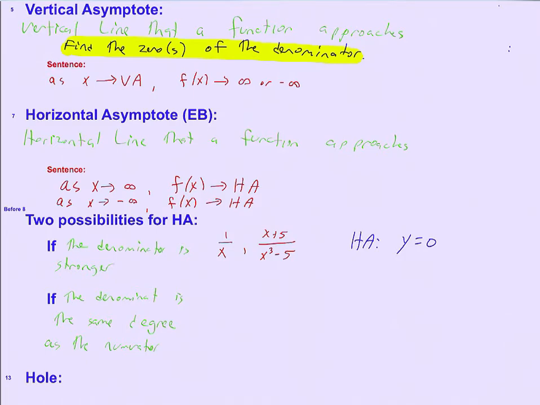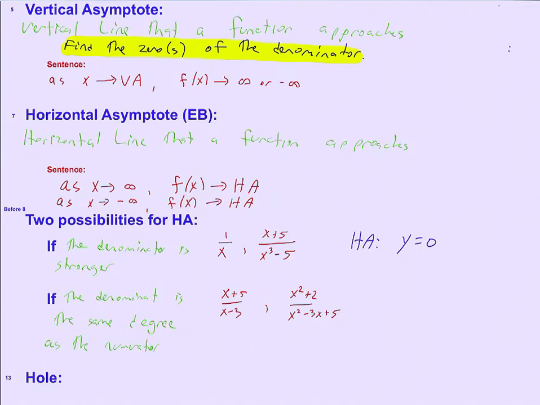Same degree as the numerator. For example, if we had x plus 5 over x minus 3, or x squared plus 2 over x squared minus 3x plus 5. These are examples where the degrees are the same, quadratic over quadratic, linear over linear.